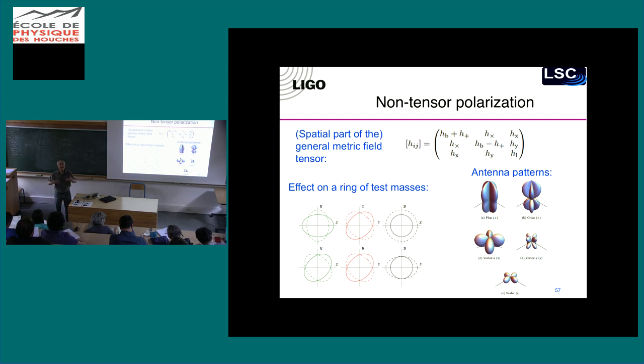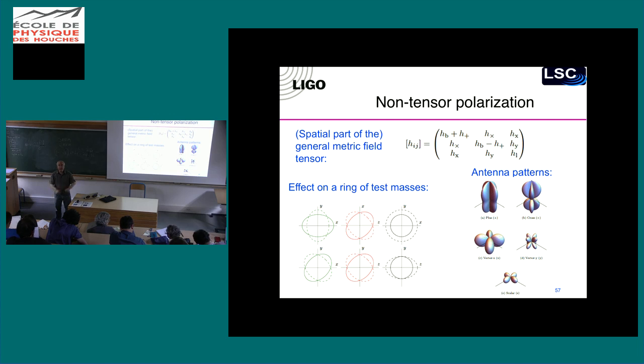That's why we call it a standard siren. Does that make sense? Falls off like 1 over r, not 1 over r squared. But it's not a standard siren, it's a standardizable siren. It's only really a standard siren if you know whether you're seeing both polarizations or only one. And you can only do that when you have multiple detectors. Then it's a standardizable siren and you can measure distance.